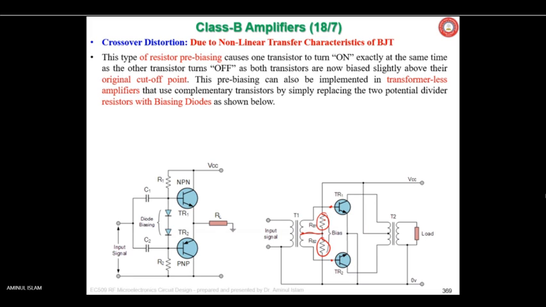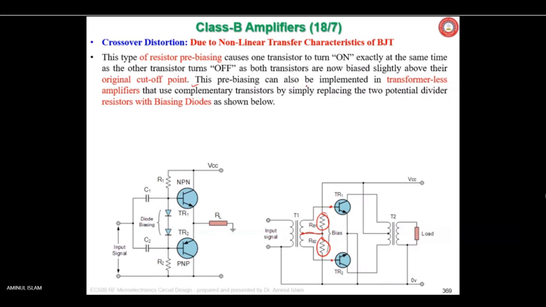So even when your input signal Vs is 0, it is still conducting a little current. This type of resistor pre-biasing causes one transistor to turn on exactly at the same time as the other transistor is turned off, as both transistors are now biased slightly above their original cutoff point.